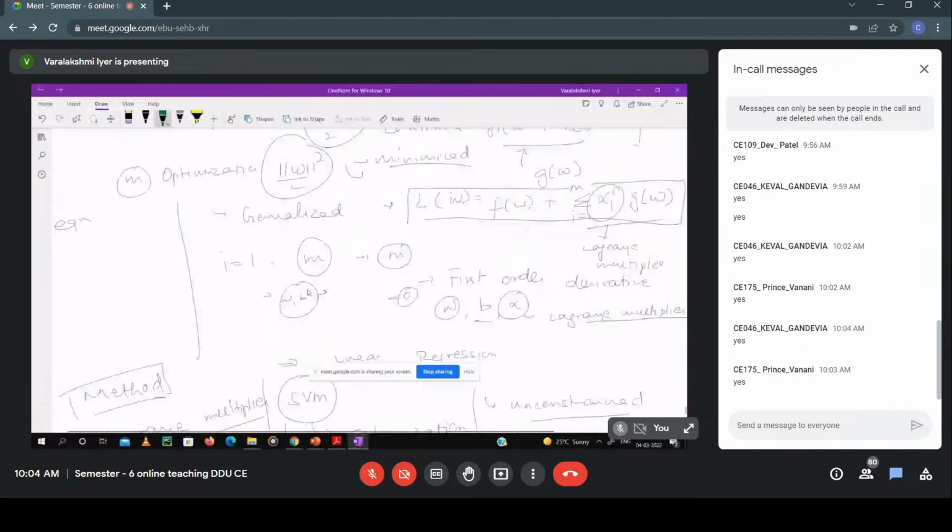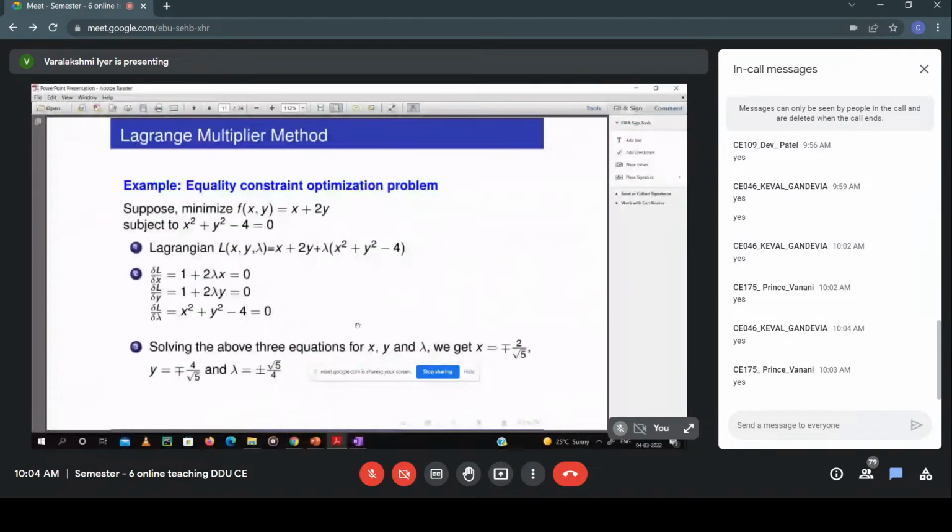Right now, in the example that is given to you, we are dealing with an equality constraint. I'm just giving you a random example so that you get an idea of how to solve this particular problem. Right now we are considering that our data set is very small.